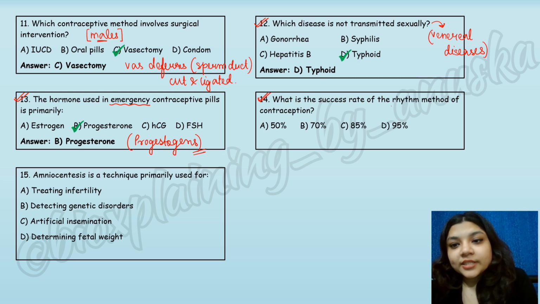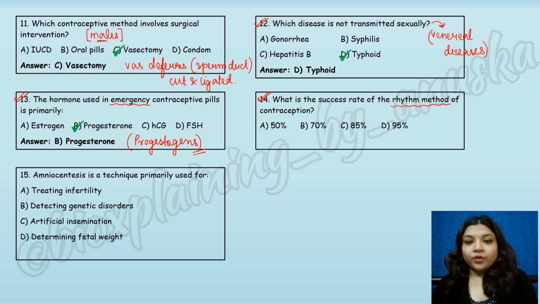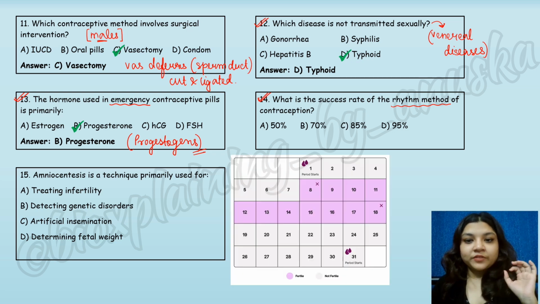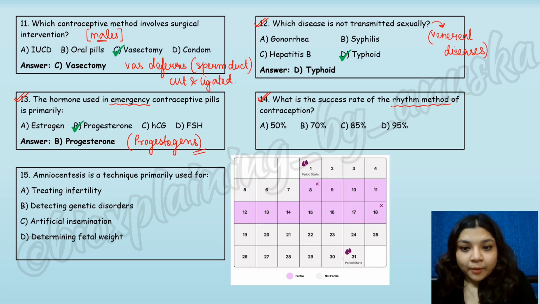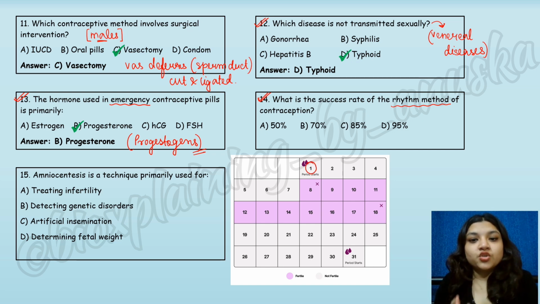So what is the rhythm method of contraception? Look into this image of the calendar. Say number 1 is considered as the first day when a female starts her menstrual phase. That is the first day, wherein in colloquial terms we say the beginning of periods, right?